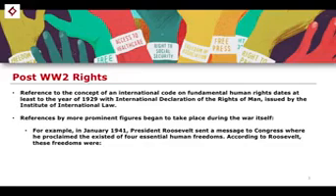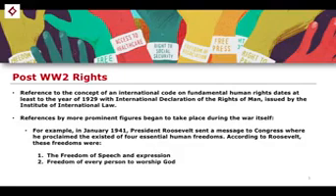Now, according to Roosevelt, these human freedoms were the freedom of speech and expression, the freedom of every person to worship God, which we can shift ever so slightly to the freedom of religion in modern language, the freedom from want, and then the freedom from fear, which are of course a little bit more broad and a little bit less defined, but we will get to some of these and what they may have meant in future lessons, so don't worry.